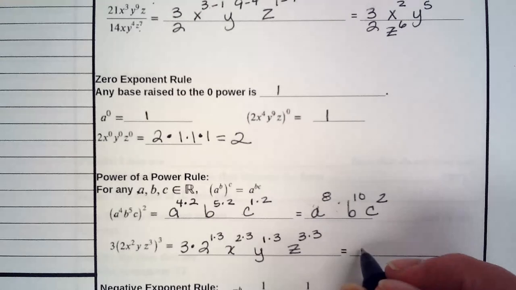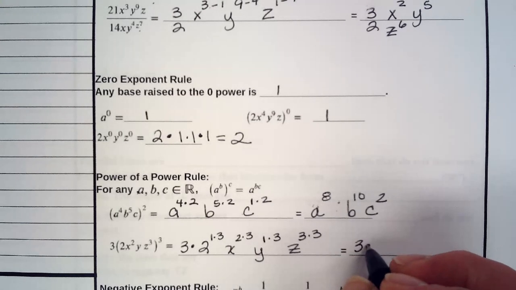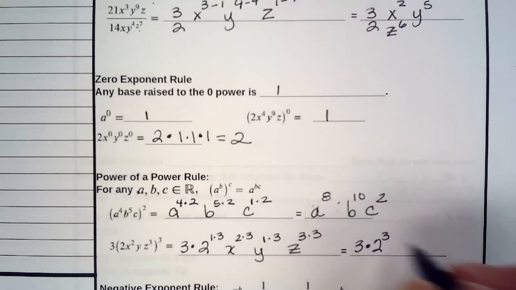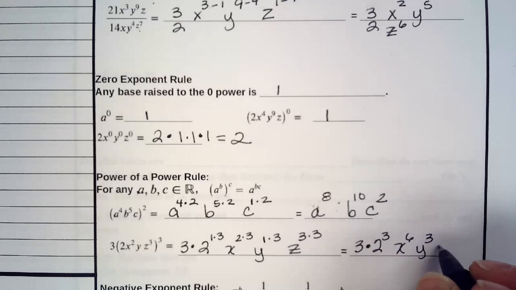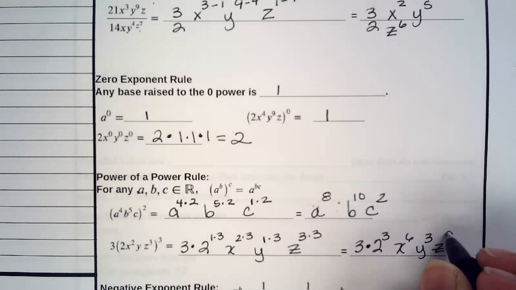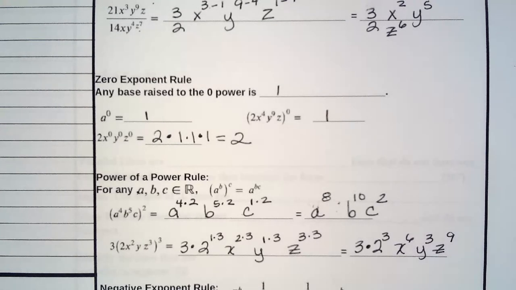So this is 3 times 2 to the 3rd, x to the 6th, y to the 3rd, z to the ninth. Okay, that is leaving it in exponential form.